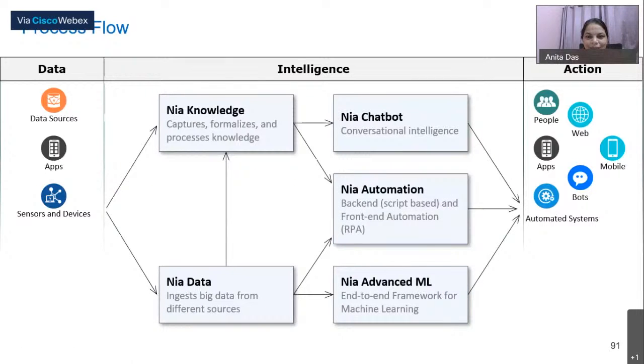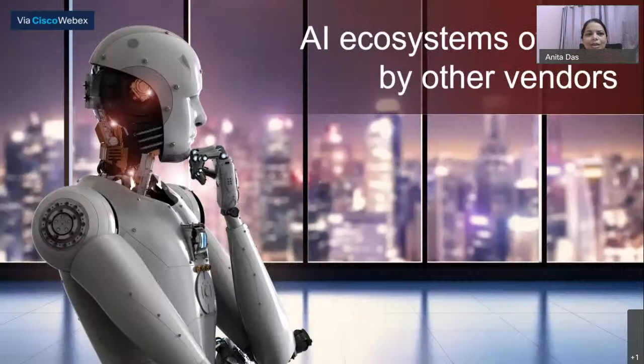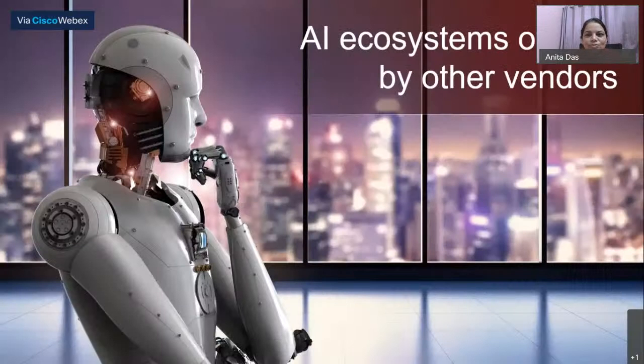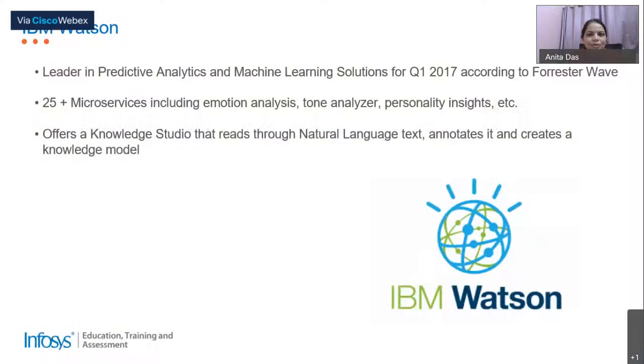Actually, a lot of vision capabilities are also there, but due to the interest of time, we will not be able to discuss much. So let's talk about the platforms offered by other vendors. We know about IBM Watson.